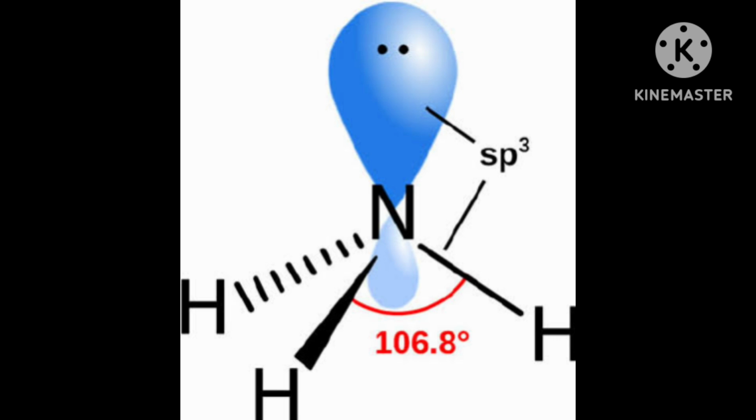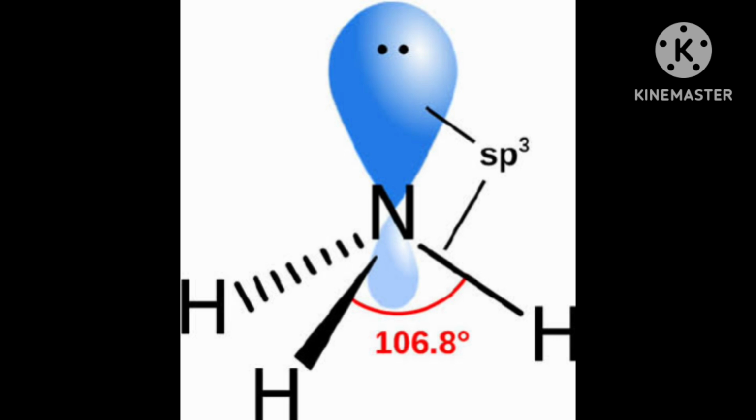HNO3 plus H2O gives H3O plus, that is the hydronium ion, plus NO3 minus, the nitrate ion. This is a very important reaction.